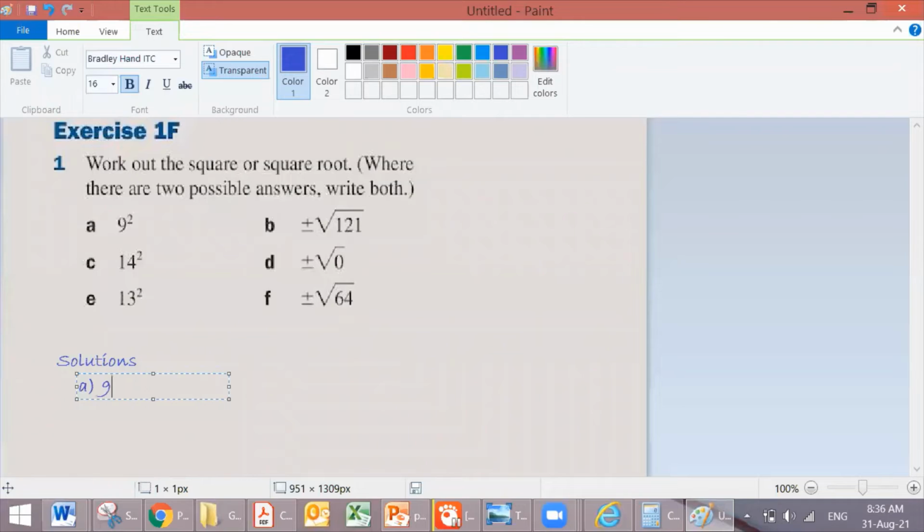It is actually 9 square. So 9 square is equal to, as you know, 9 multiplied by 9. So the answer is 81.